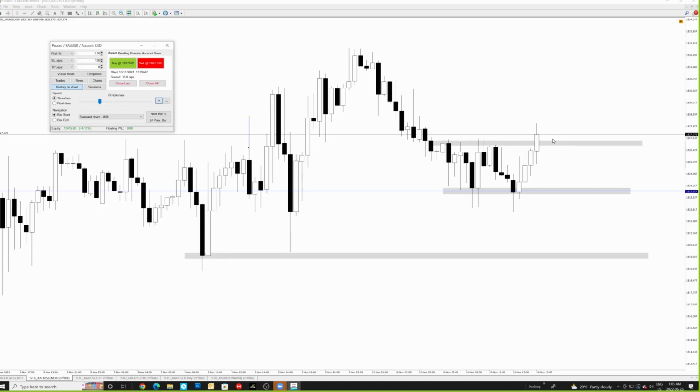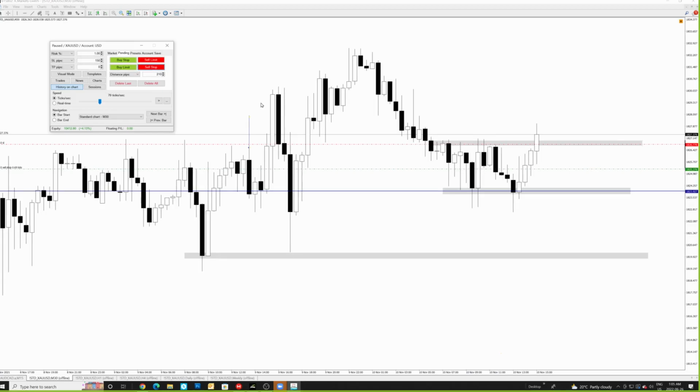So there are normally two things done. The first thing is a sell stop around 1825, below this 30-minute candle, which is 21 pips away. It's going to be a sell stop.